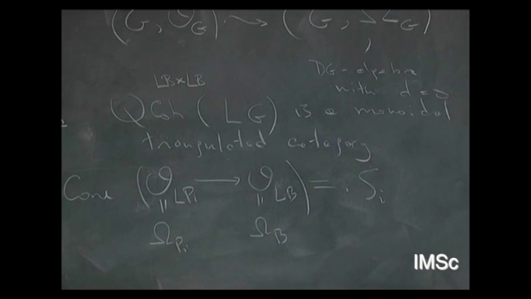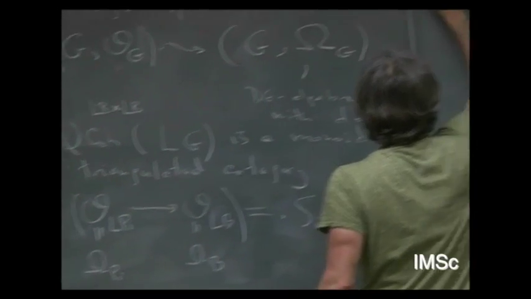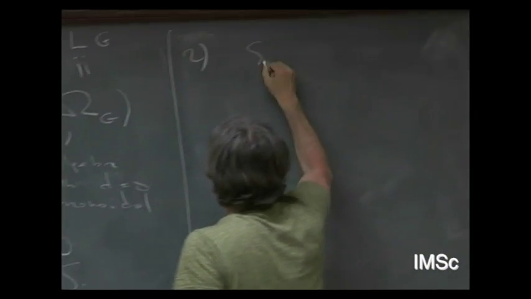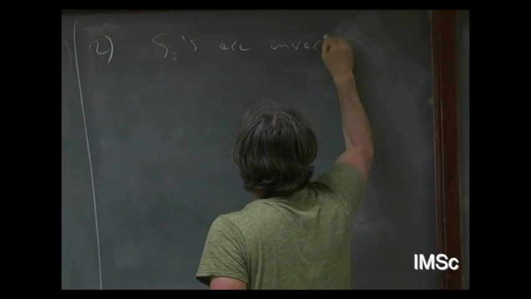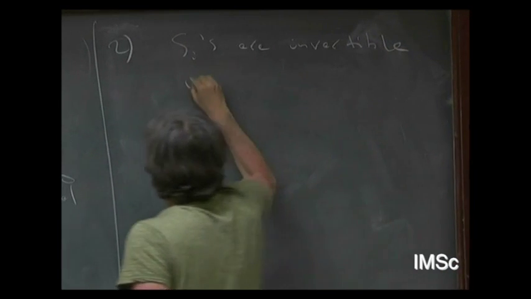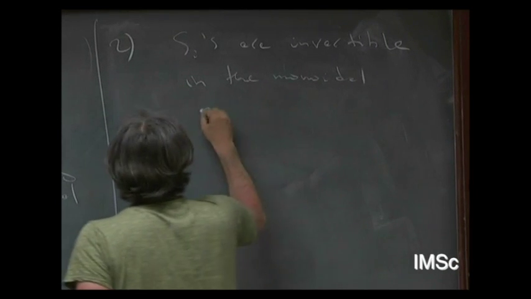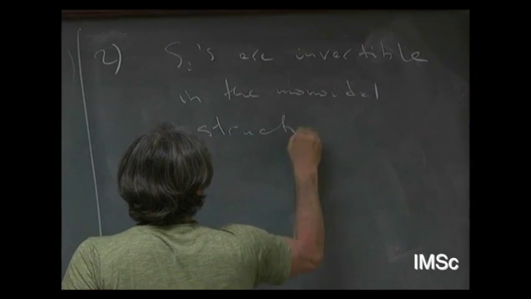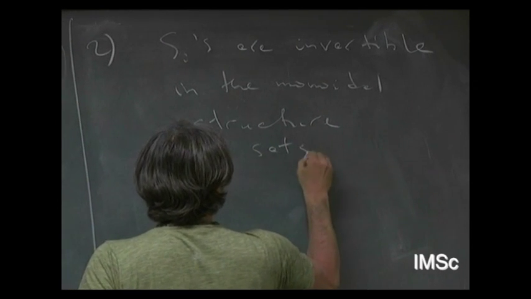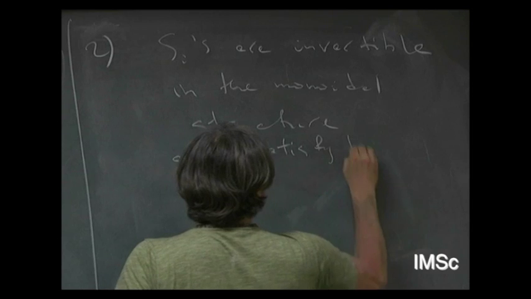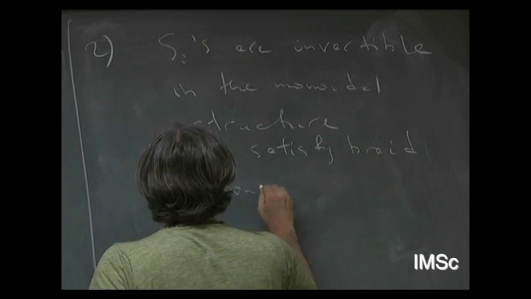Now, the theorem says, so this is like 1, and 2, the SIs are invertible in the monoidal structure. And they satisfy braid relations up to isomorphism.